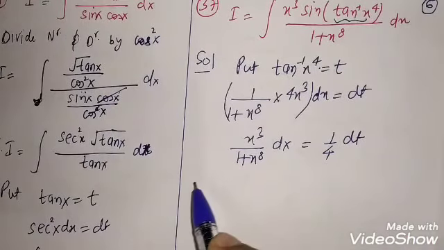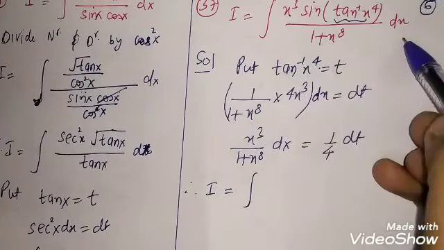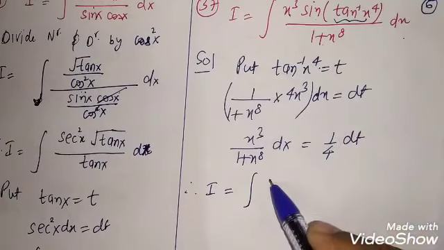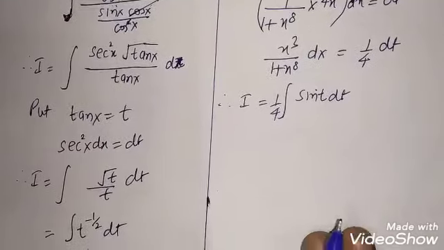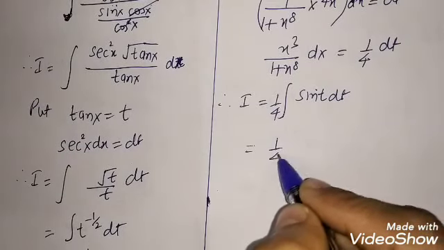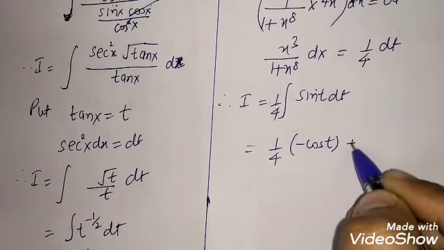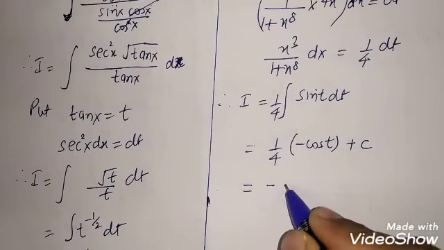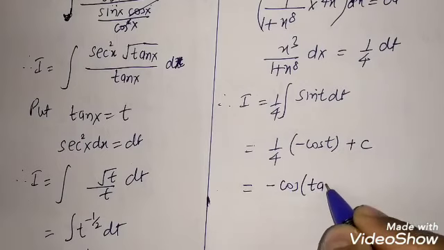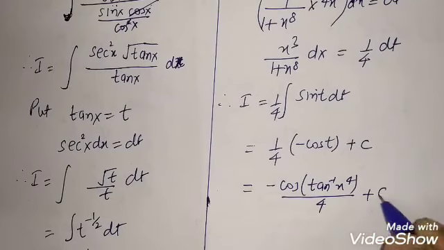Therefore the integrand is sine t dt with 4 outside. Simply you can say 1 by 4 times the integration of sine t, which is minus cos t plus c, and the value of t over here gives minus cos tan inverse x to the power 4 upon 4 plus c.